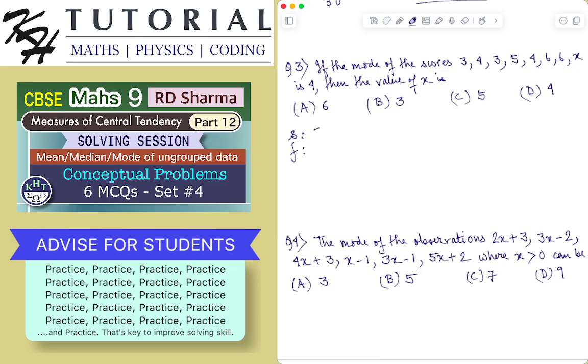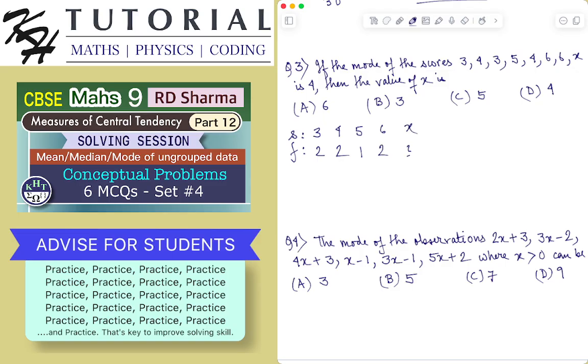We will have 3, frequency 2; 4, frequency 2; 5, frequency 1; and 6, frequency... Let's not consider any value for x. Let's prepare the discrete frequency distribution as it is given. So we have two 3s, two 4s, one 5, and two 6s, and there is x, which we don't know. Now x could be any one of the values.